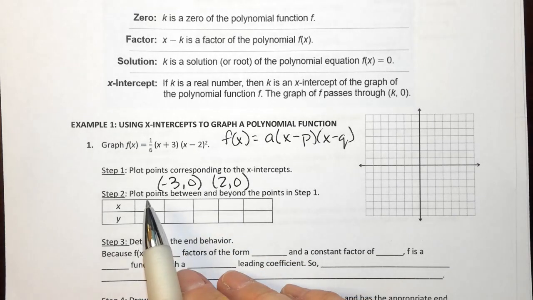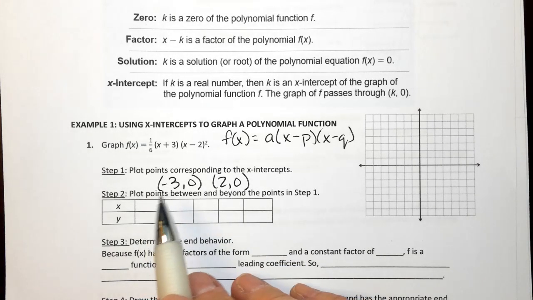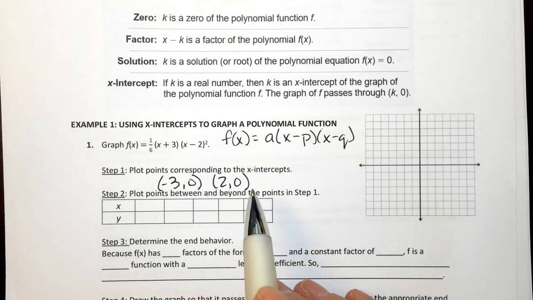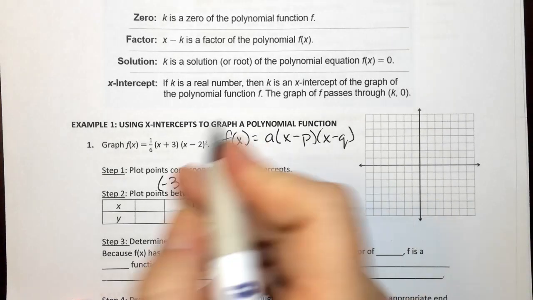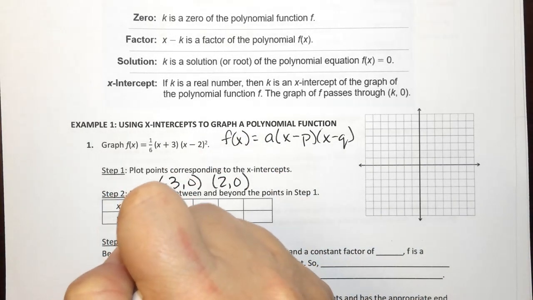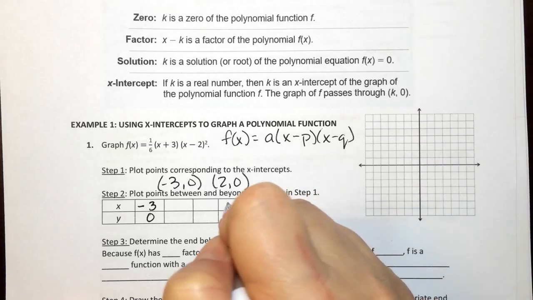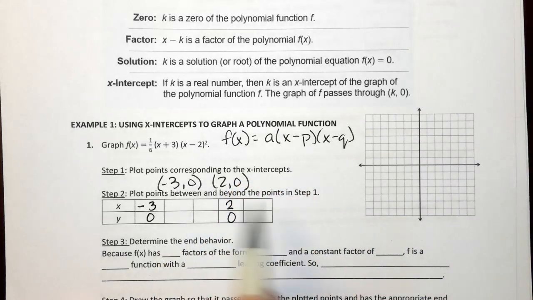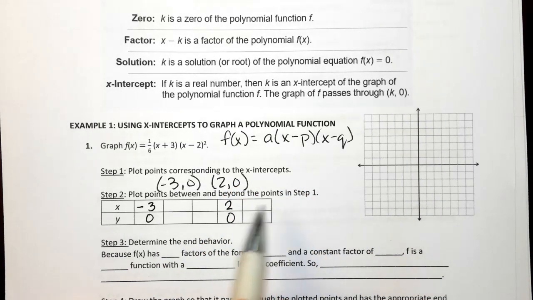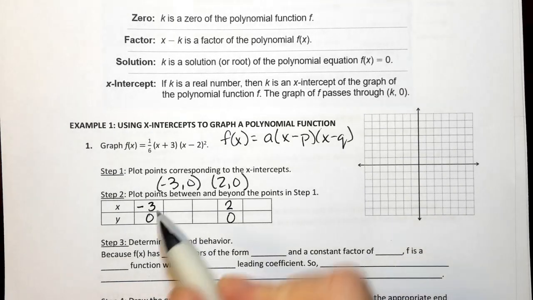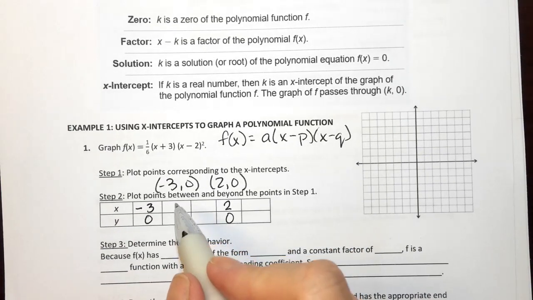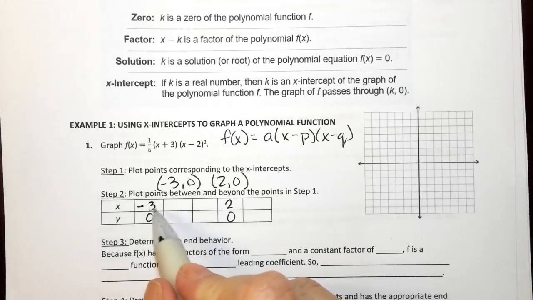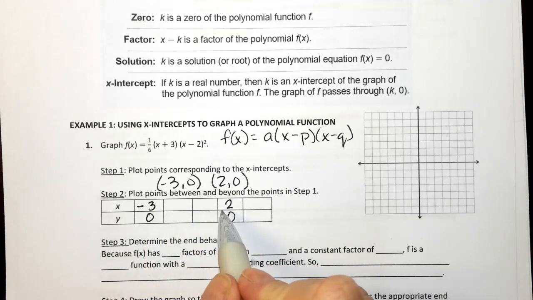All right, so now we need to plot points between and beyond. We know we have negative 3 comma 0, and we know we have 2 comma 0. So we're going to find some other values in between. I always get asked this question: where did you get the numbers from? I made them up. What are some x values in between negative 3 and 2?